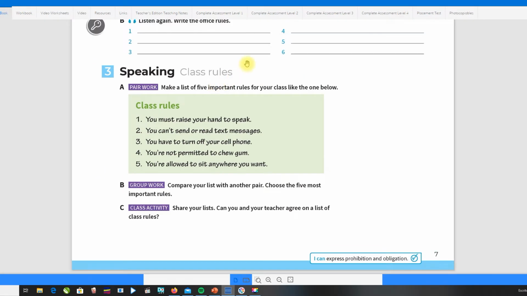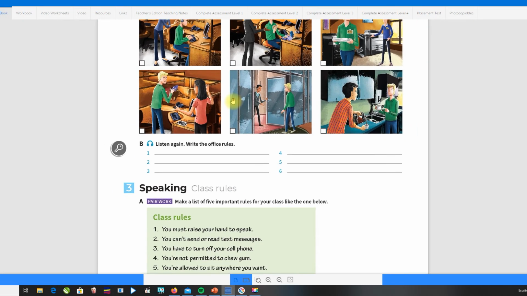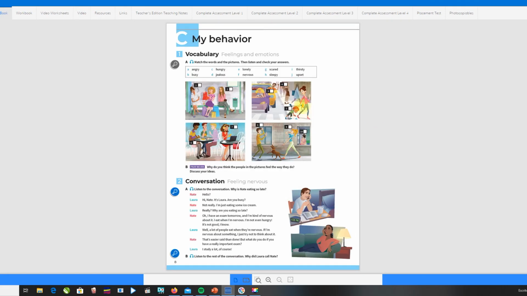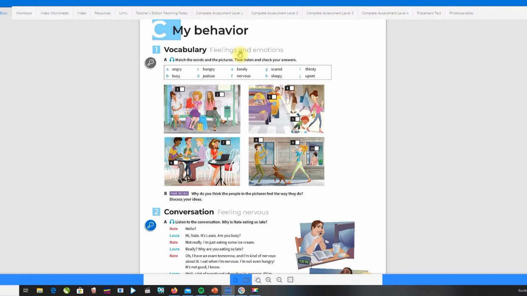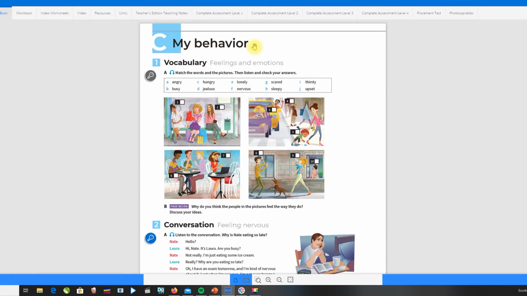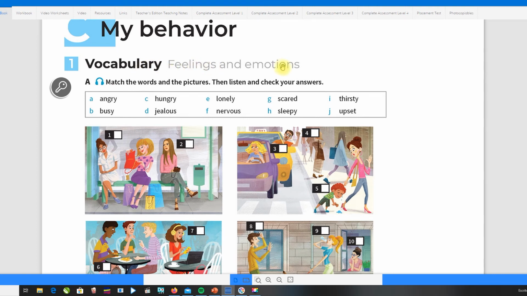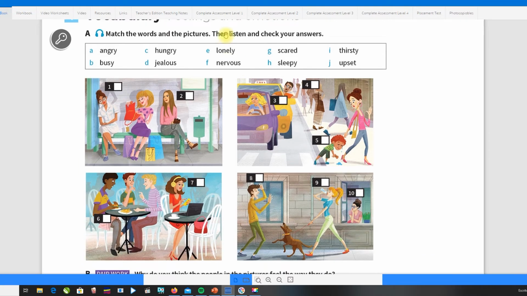Okay, now let's go to the next part. On the next part we have this. Part C, my behavior. We have vocabulary here about feelings and emotions. This is match the words and the pictures. Angry, busy, hungry, jealous, etc. So, for example, what is number 8?